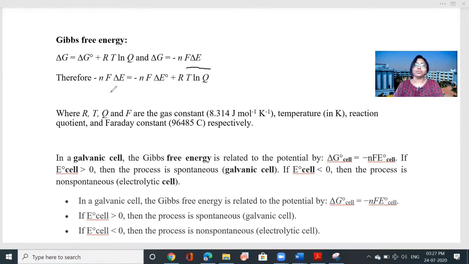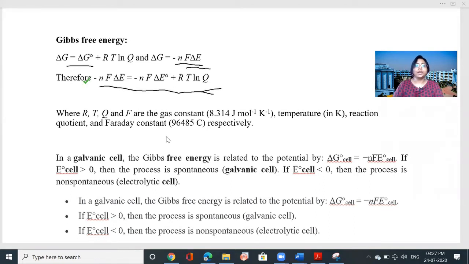Therefore, we can write that minus nF delta E is equal to minus nF delta E0 plus RT ln Q. Just put delta G equal to minus nF delta E in this equation and you will get this equation.